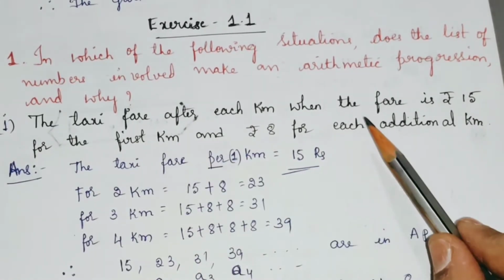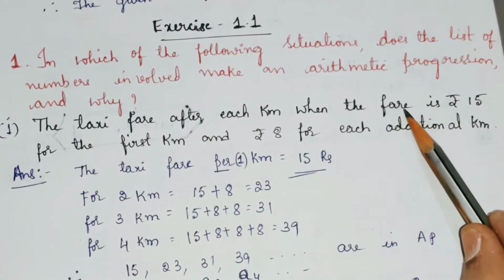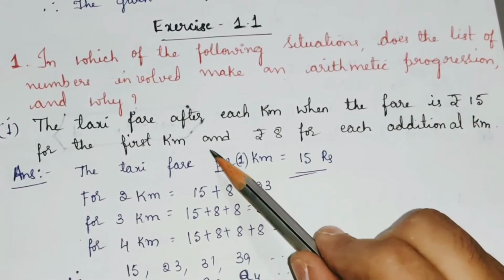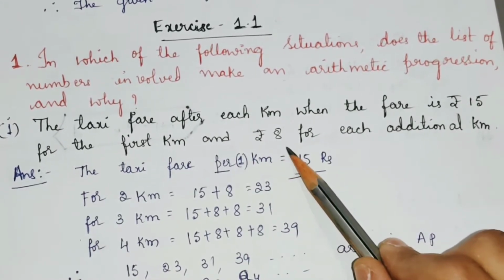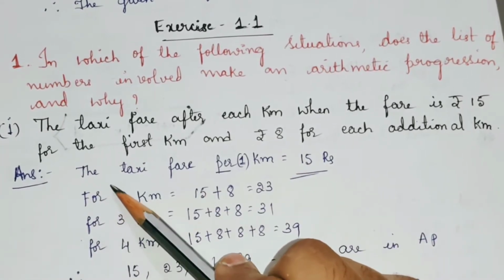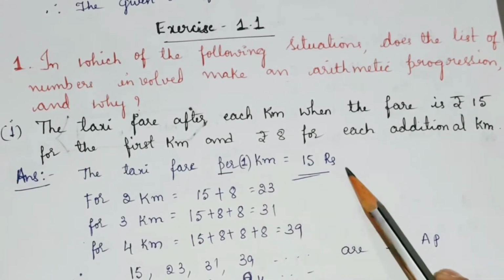First, you should understand the meaning. The taxi fare for the first kilometer is 15. Then, in addition, you have to pay an extra 8 rupees for each kilometer. First, write the solution. The taxi fare for the first kilometer is 15.